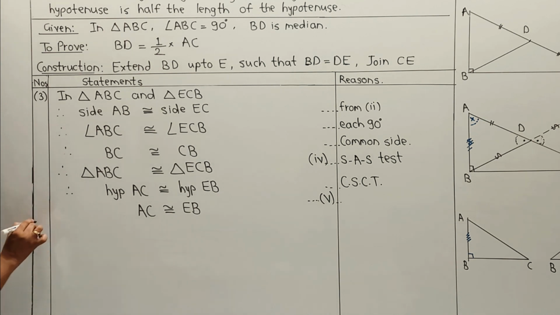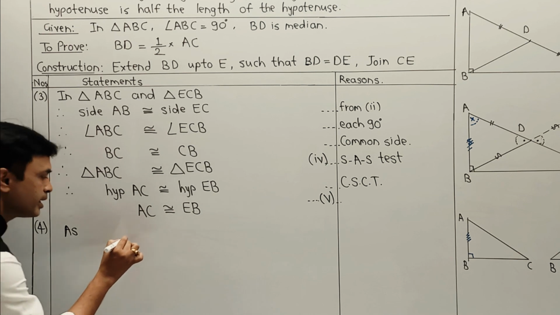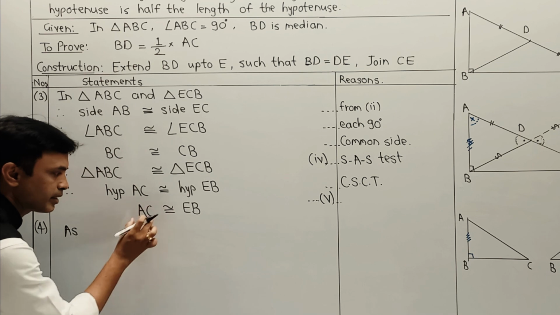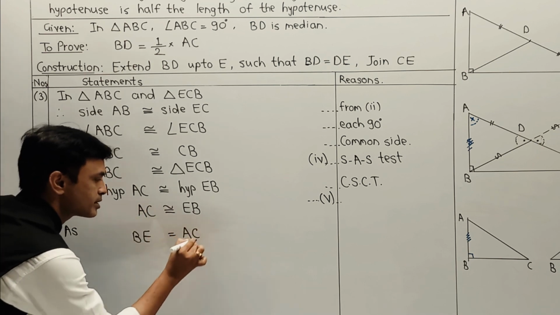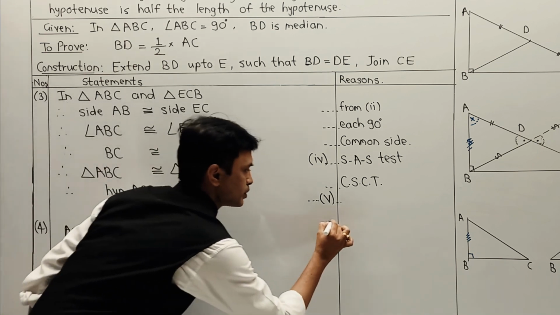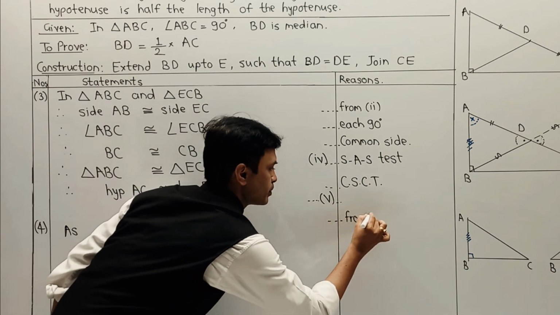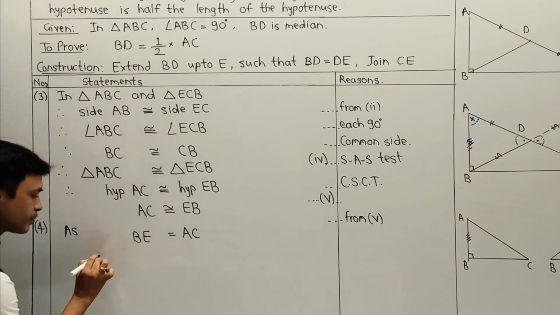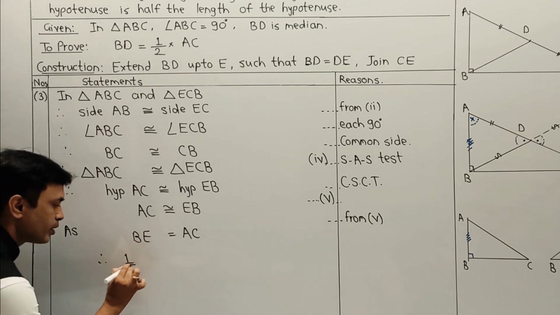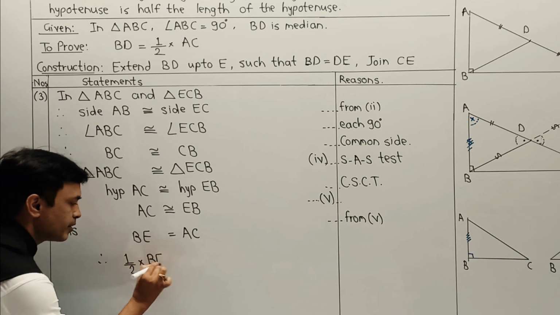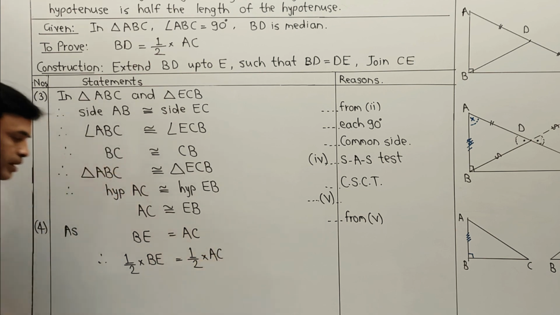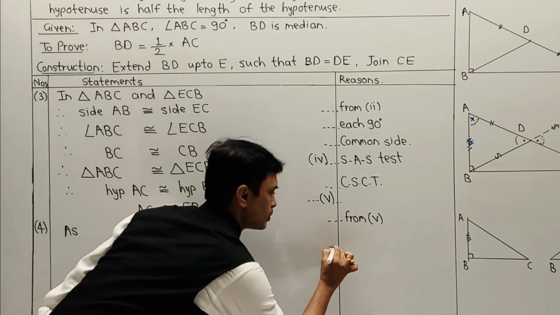So last and fourth part, as BE, instead of EB I am writing BE, is equal to AC from 5. So from 5, multiply both sides by 1 by 2. Therefore, half of BE is equal to half of AC.